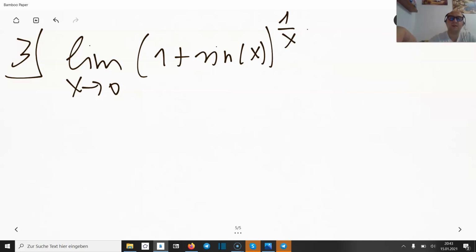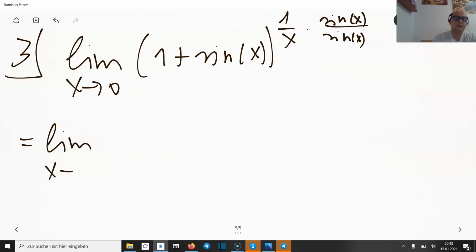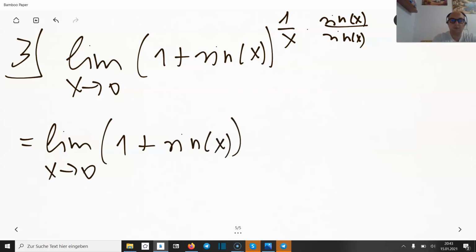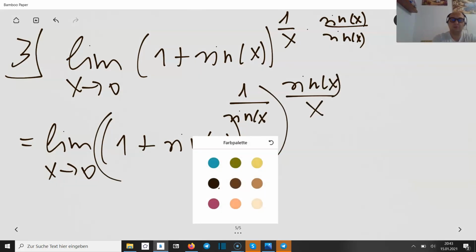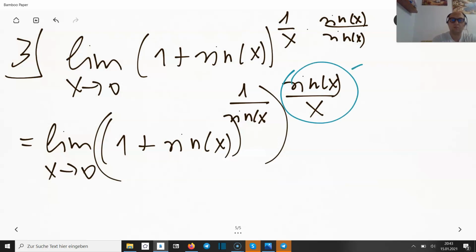What we're doing, we're multiplying it times sine of x divided over sine of x in the exponent here. So what is happening is we have a limit x towards 0, having 1 plus sine of x to the power of 1 divided by sine of x. And now we use the power rules, to the power of sine of x divided by x. It's so nice because this limit is known as 1.